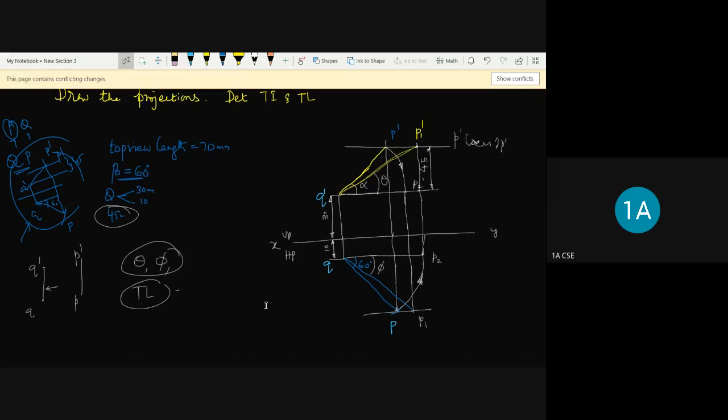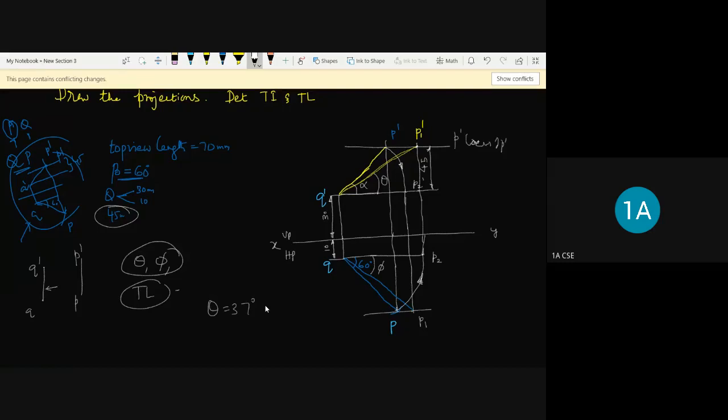And how much true length did you get? I didn't do it so accurately, sir. I'm getting 75, sir. True length is correct, 75 mm. So theta you are going to get as 37 if you do it accurately, plus or minus 1, of course, because of the manual drawing.